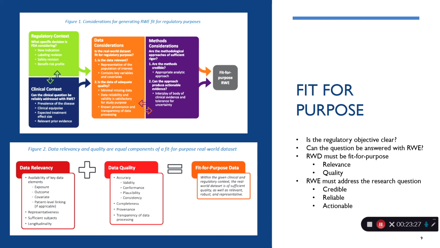So I think these diagrams do a really nice job of giving you things to think about if real world evidence is something that you want to explore to support your regulatory submission or a regulatory decision. If you can't make an argument that the data or the evidence is fit for purpose, then it's not something that's going to be useful. So this is a really important concept.